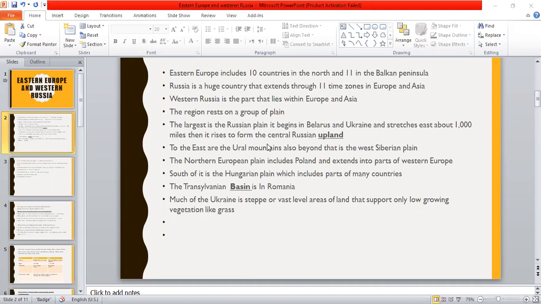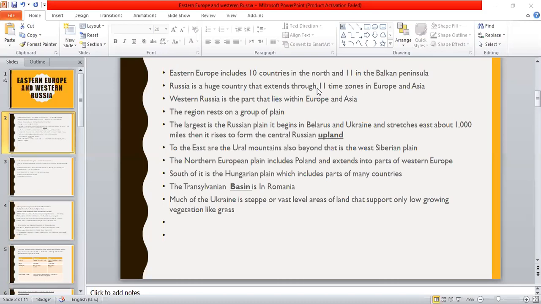So now we have many plains. We have the Russian Plain, we have the Siberian Plain. Also the Northern European Plain, which includes Poland and extends into parts of Western Europe. South of it is the Hungarian Plain, which includes parts of many countries.